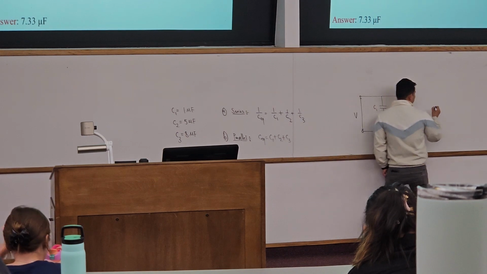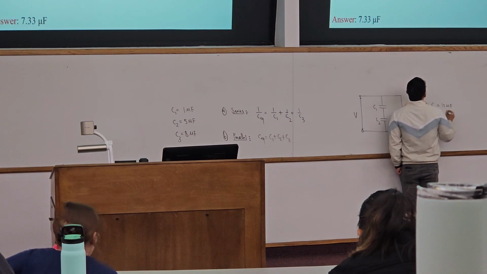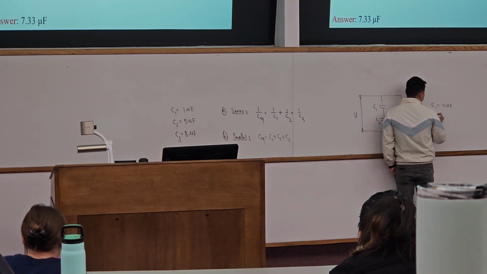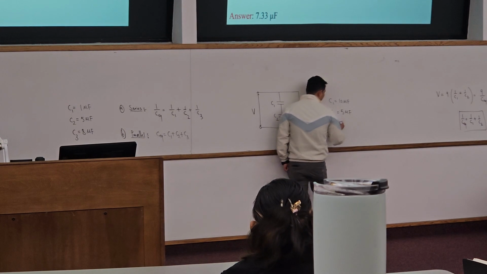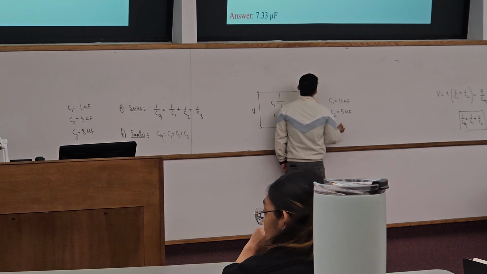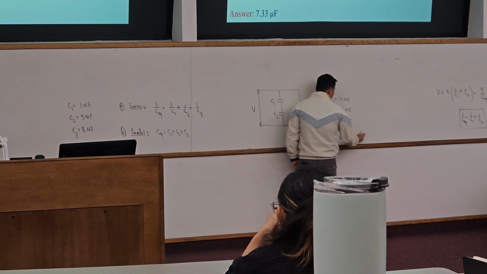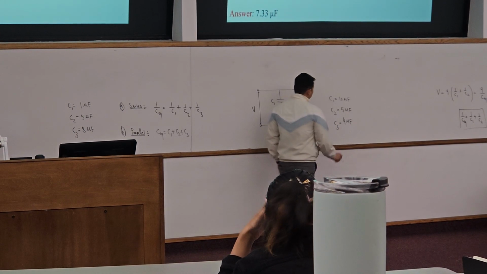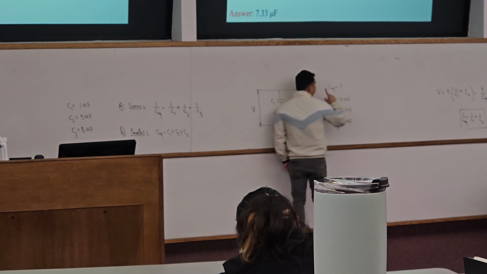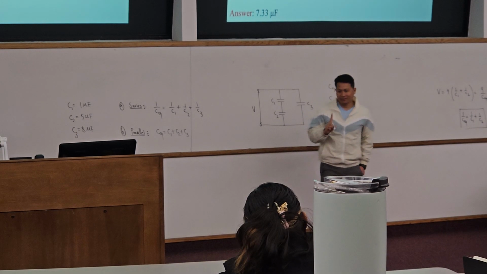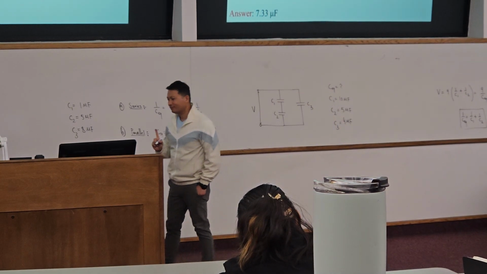C1 is 10 microfarad, C2 is 5 microfarad, and C3 is 4 microfarad. Now, my question is, what is C equivalent over here? This is a little bit tricky, and you need to know how the capacitors are connected.